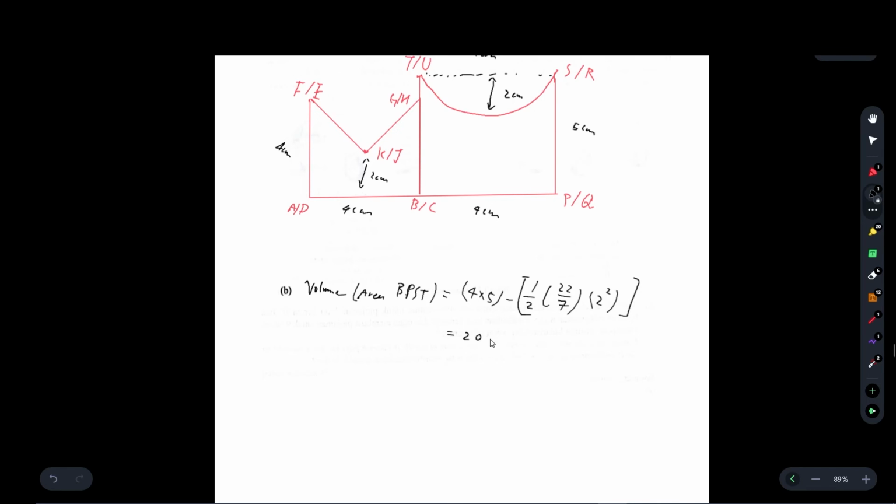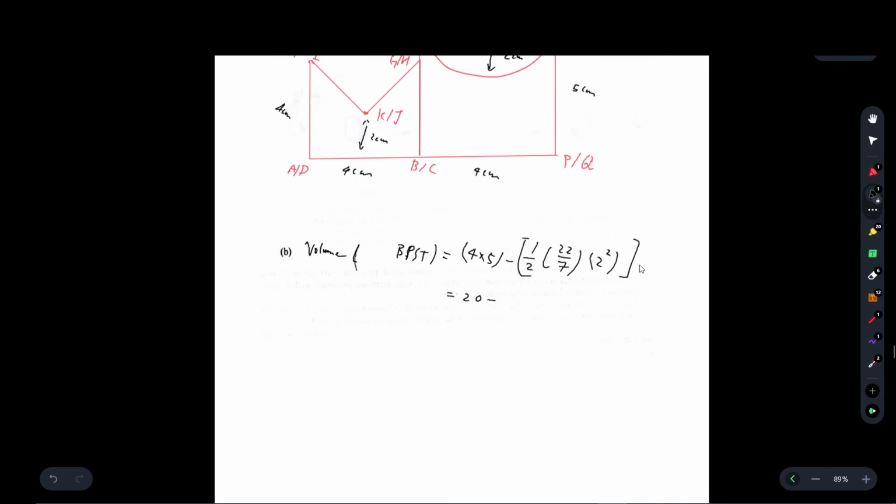So we have 20 minus... we need to calculate the volume, right? So let's do it in one equation. We just have to times the 6 here.